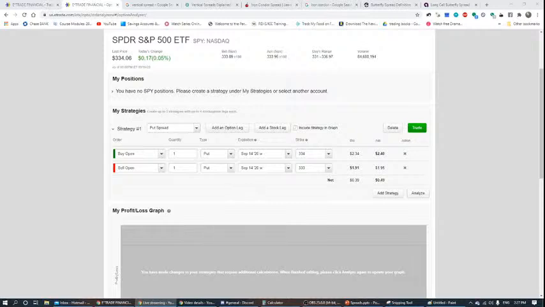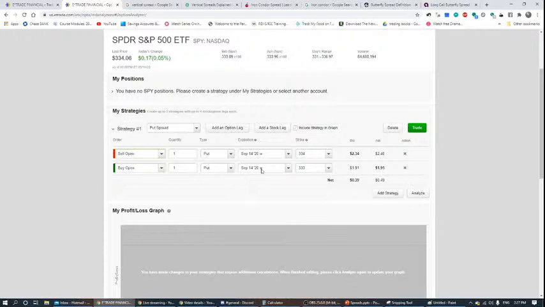So I will do a live example. If I'm bullish on SPY, I usually do a put spread. So I just change this to sell to open, because it automatically does buy to open.